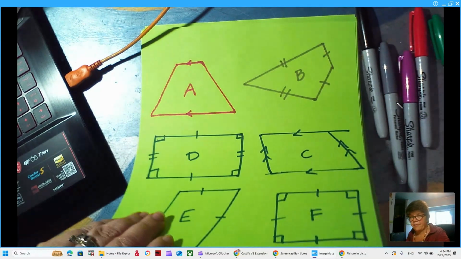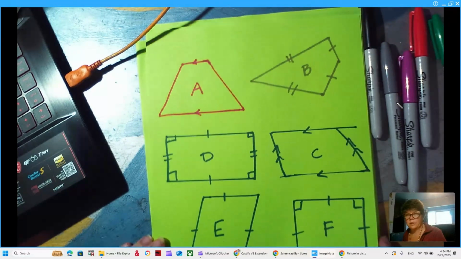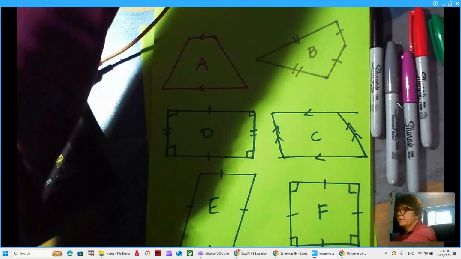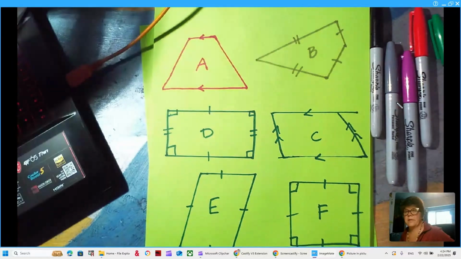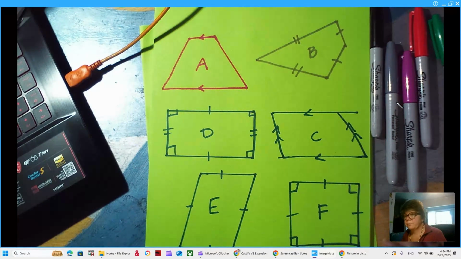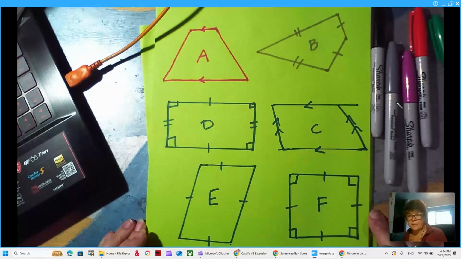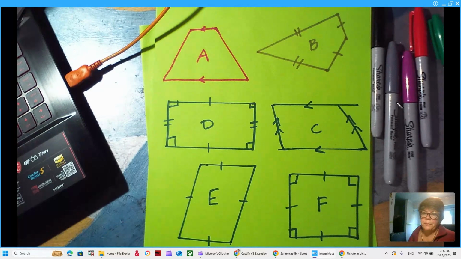Here I have a lot of quadrilaterals. Let's make sure they're all on the screen so you can see all of our quadrilaterals there. I sketched these, and when we sketch, like I said, they don't have to be perfect, right? We're just doing our best.